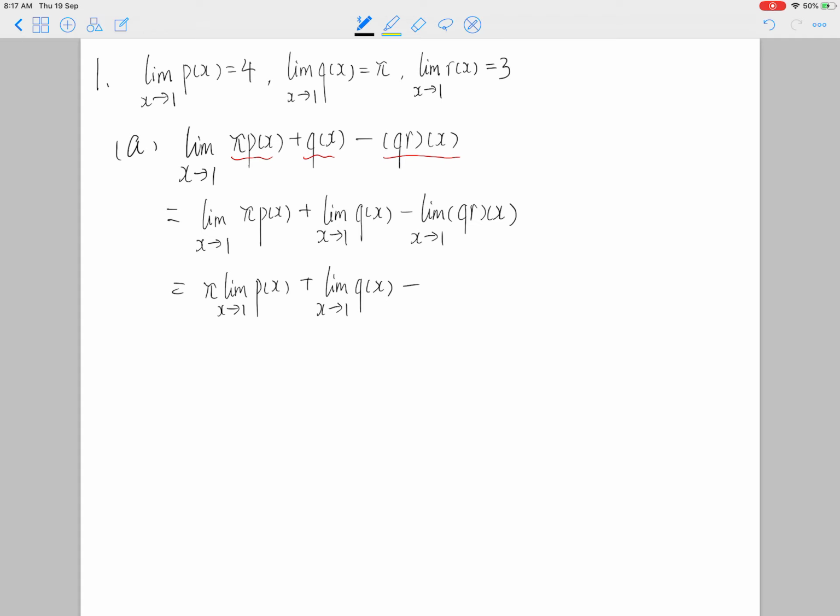And for this part, the limit of the product, you can see both functions' limits exist at this point, so the limit of a product is the product of the limits.